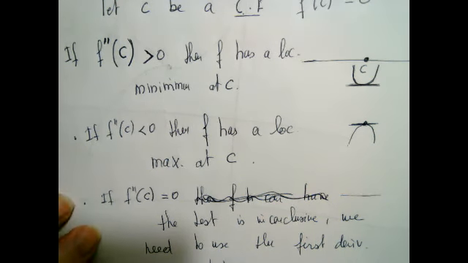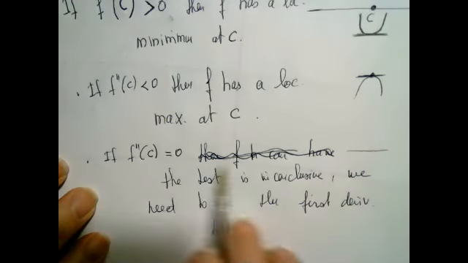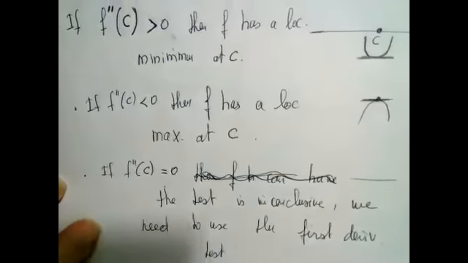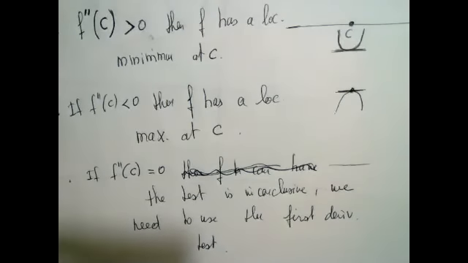We're going to see why, if f double prime at C is 0, the test is inconclusive. So I want you to give me an example of a function such that f prime at 0 is 0, f double prime at 0 is 0, and the function has a local max. Go on.